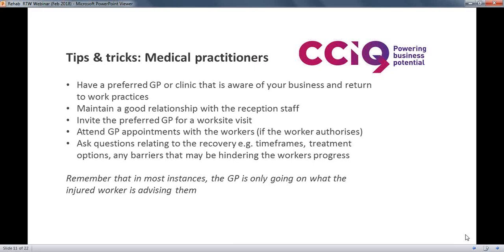So if you know what their limitations are in terms of what they can lift, in terms of weight and movements, such as lifting above shoulders, that's going to give you good protection in making sure that the person doesn't re-injure themselves, and that you can set timeframes for a return and work on that.